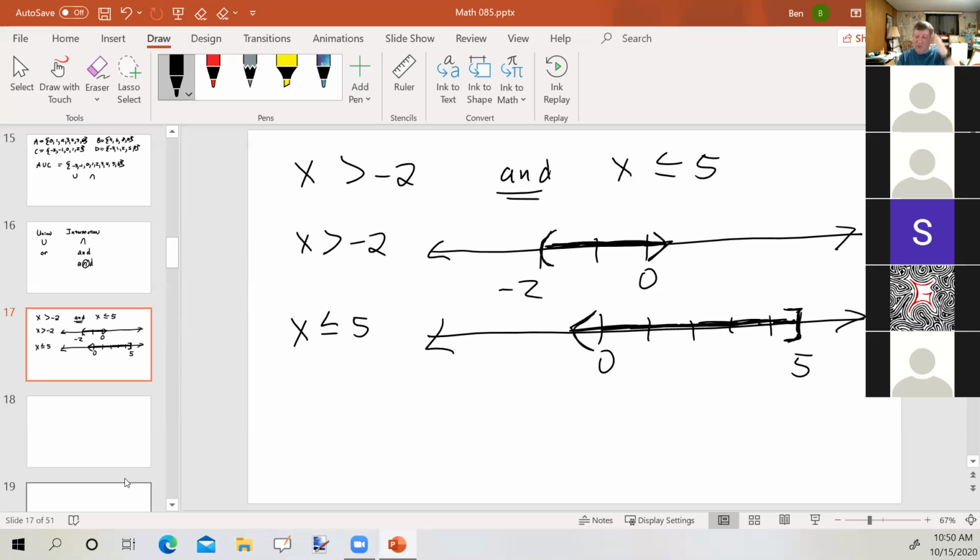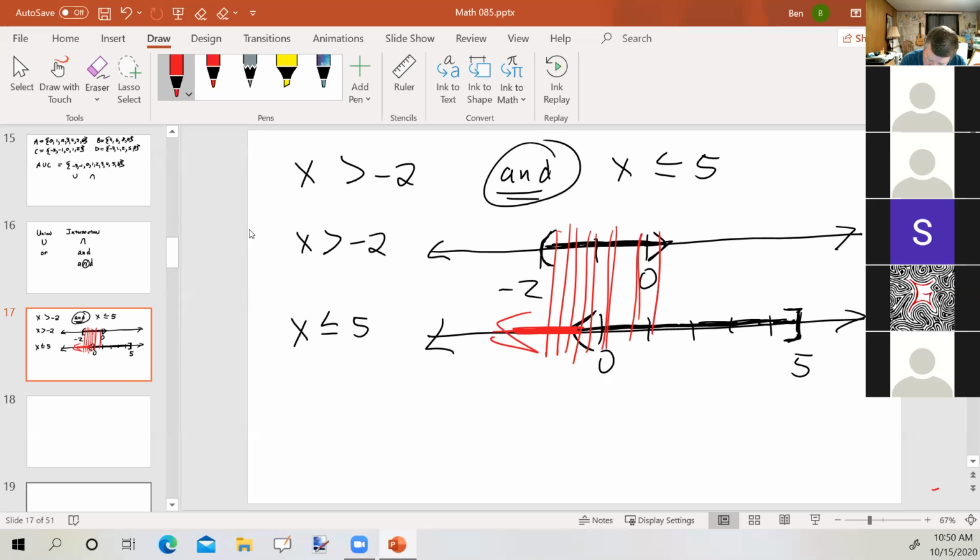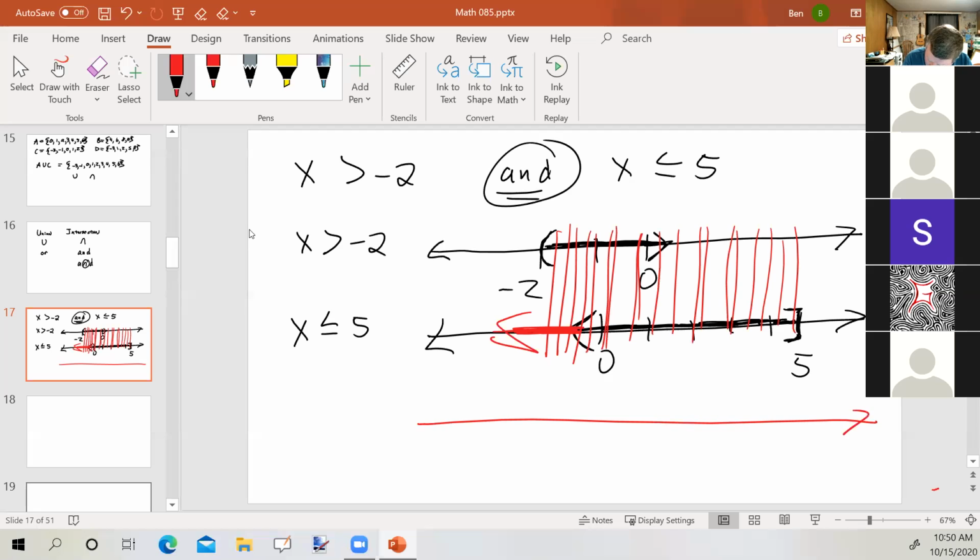So those are the two individual pieces. But we want the intersection. What do they have in common? Well, now keep in mind this arrow continues on, right? So it seems to me that we've got everything all the way over to here. So what would that look like?